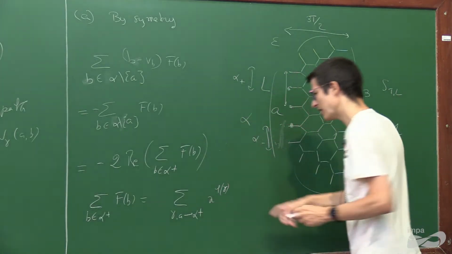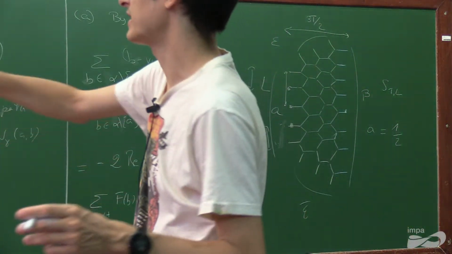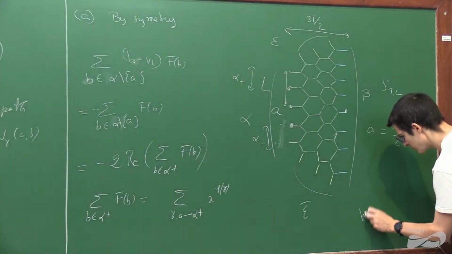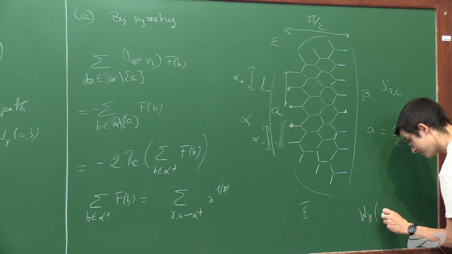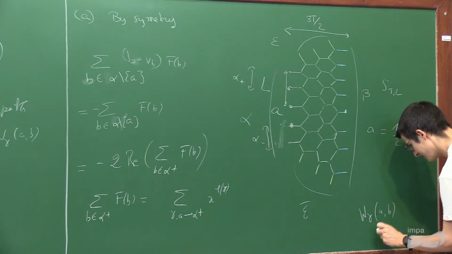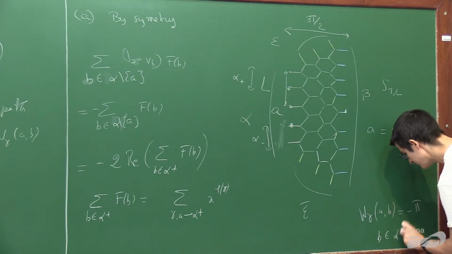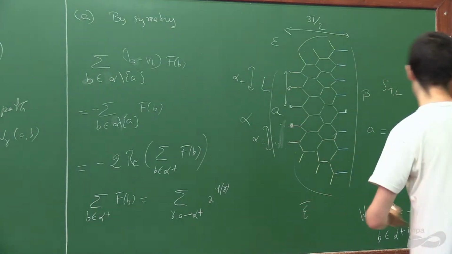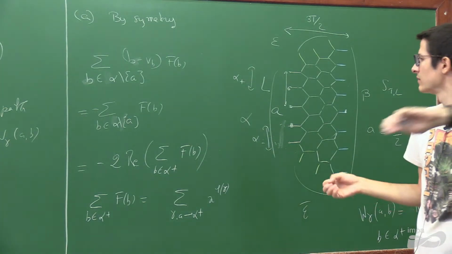And afterwards you have exponential I sigma times the winding number, but we know that W gamma A B is equal to minus pi if B belongs to alpha minus, and is equal to pi if B is in alpha plus.